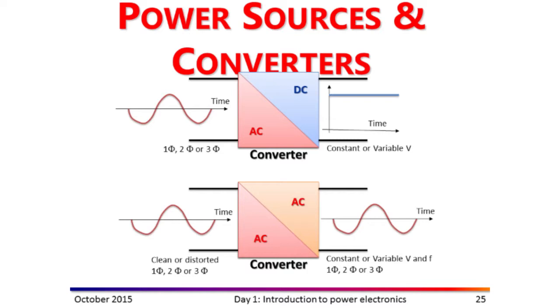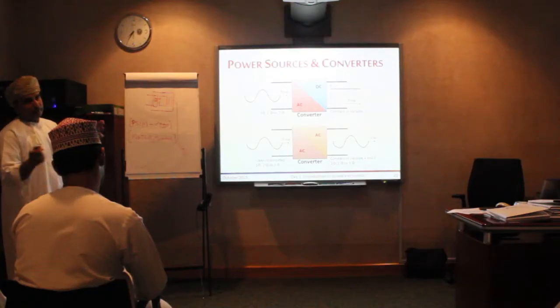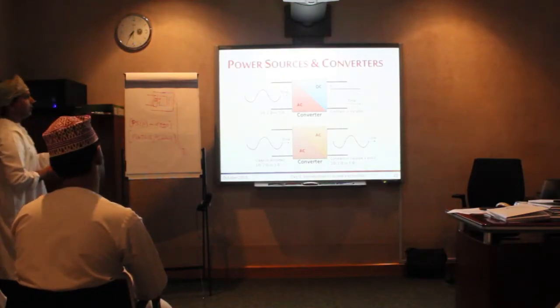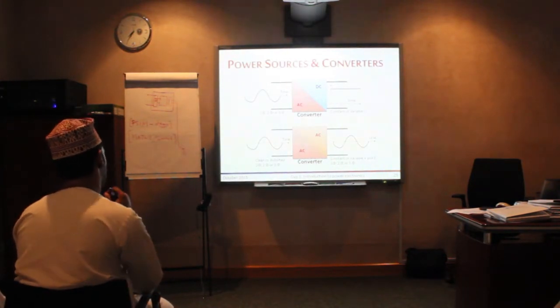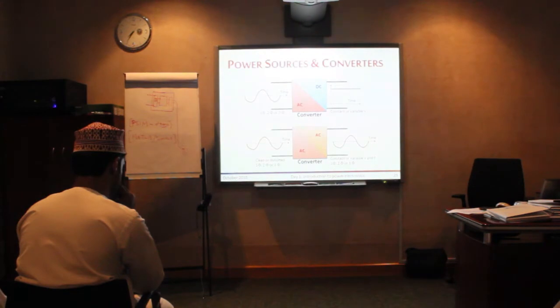And also, if you have an AC with 1 phase, 2 phase, or 3 phase, and you want to convert it to another AC, you can do it. So you have the choice depending on your design or your device. You can get whatever you like, just by using the specific circuits.